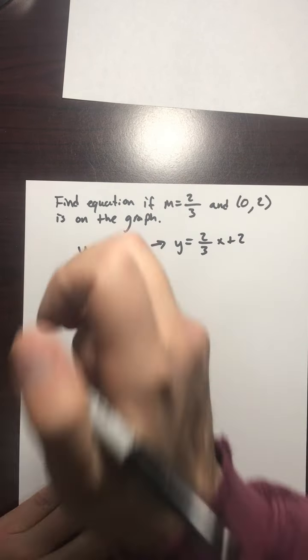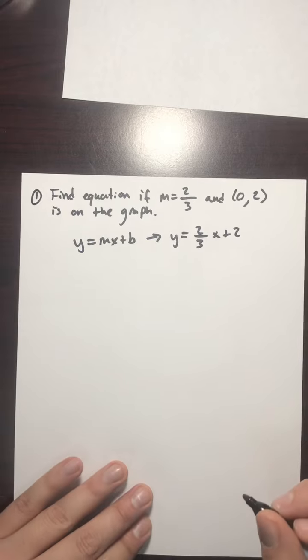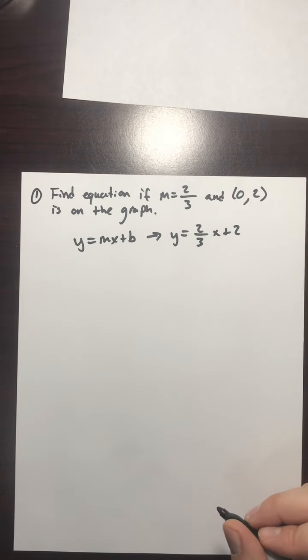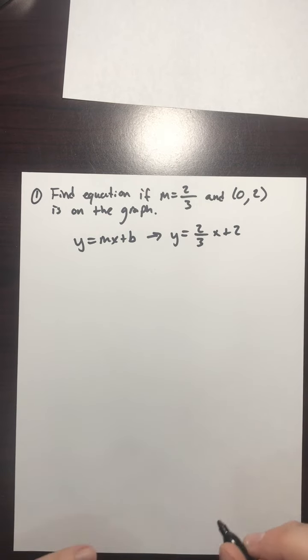So that's probably my favorite one. If you need to find an equation given the slope and you know the y-intercept, you just use y equals mx plus b and plug in the value for m and b.